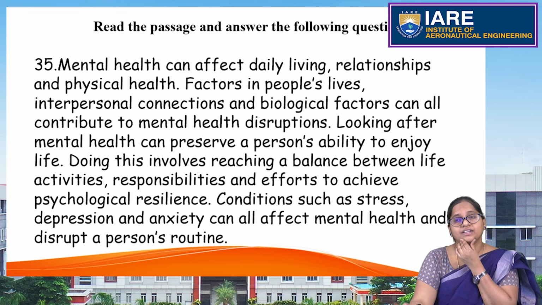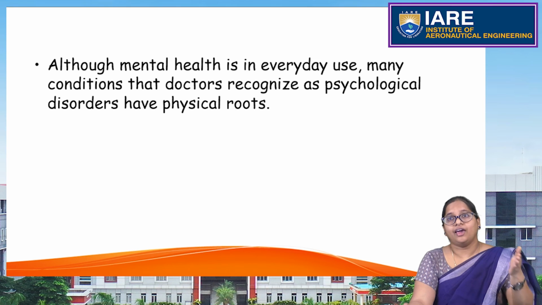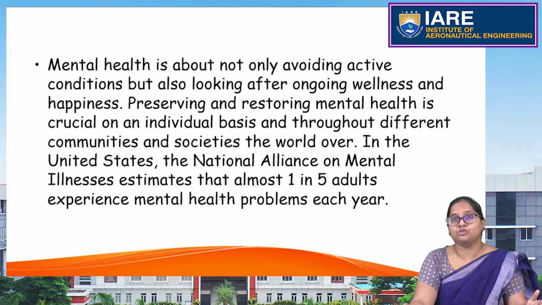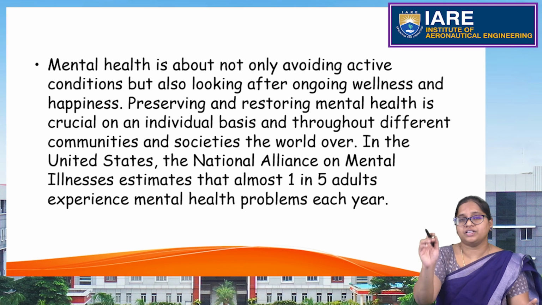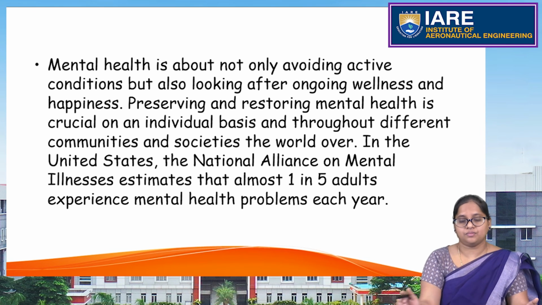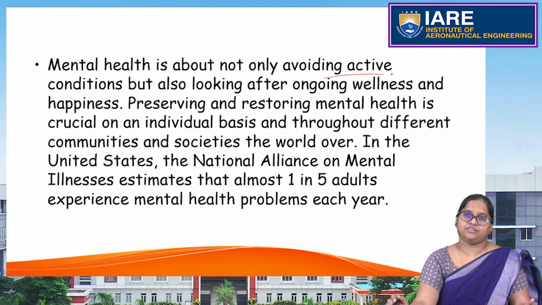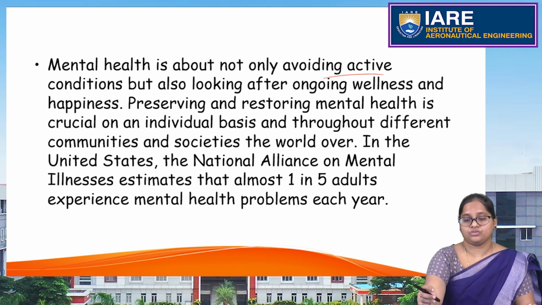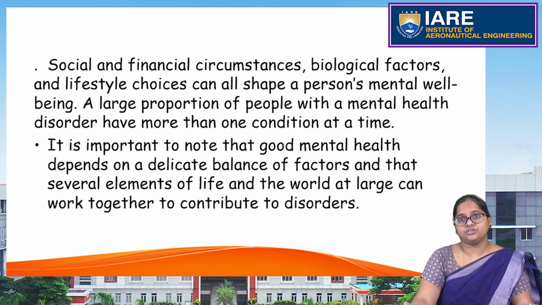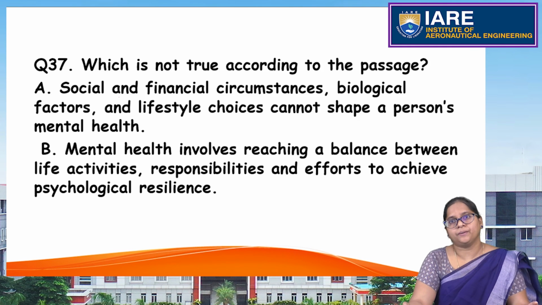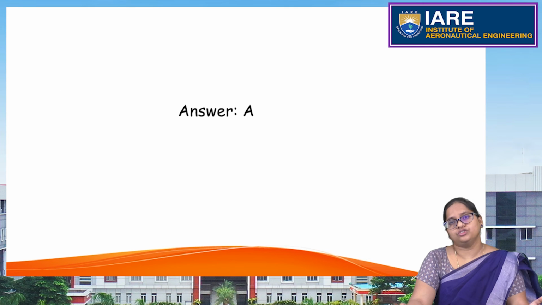A condition such as this will cause depression, and every day you have to realize they have roots. Again, mental health is about not only avoiding active health conditions but also looking after it ongoing. So this is true, which means you can go with option A, which is not false.